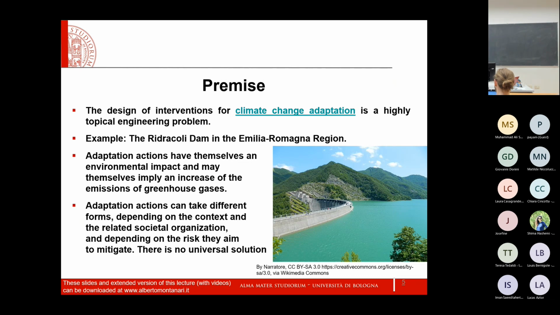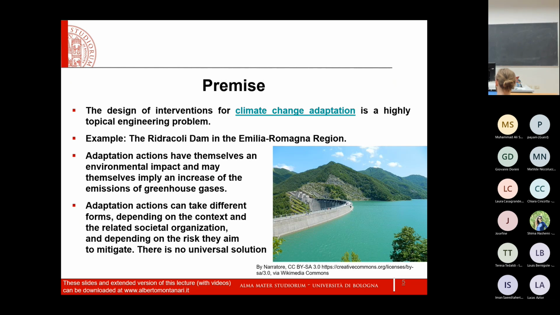This is the reason why very often when you read reports about climate change mitigation and adaptation, it's hard to find the solutions. You find a description of the problem, you find a global analysis of what is needed in terms of politics and economics, interaction.